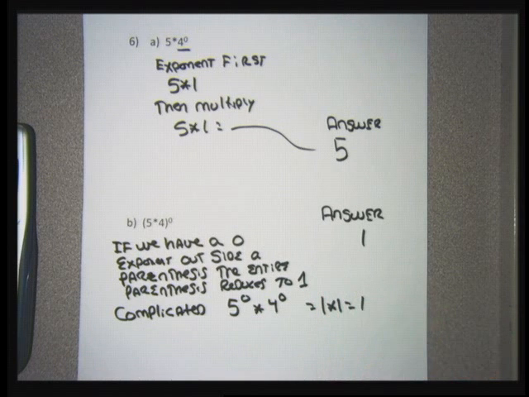So the big difference between 6a and 6b is those parentheses. The parentheses is going to make ones happen.